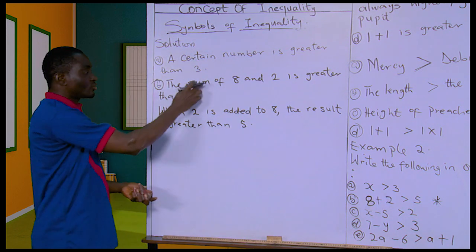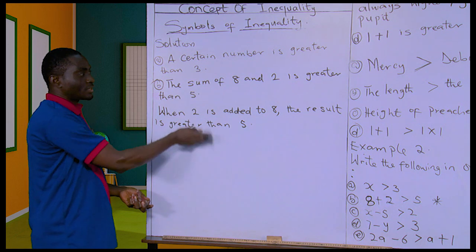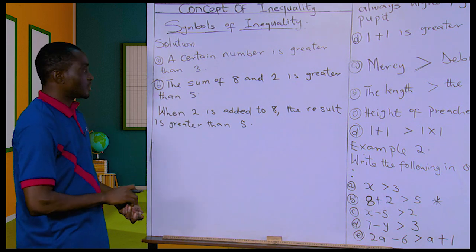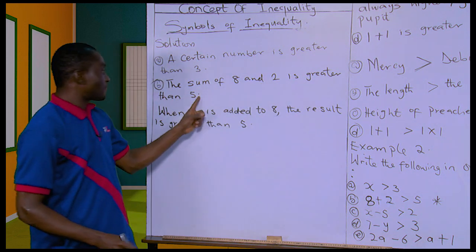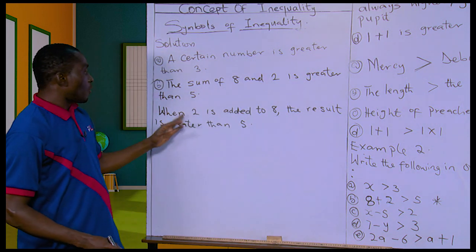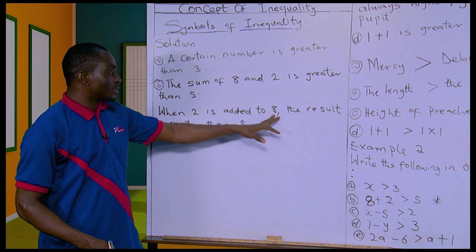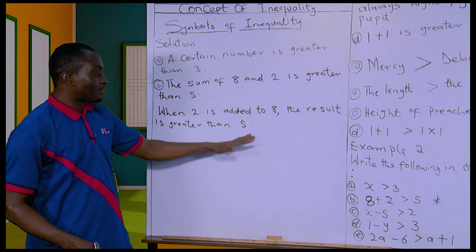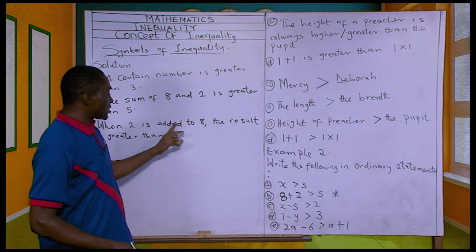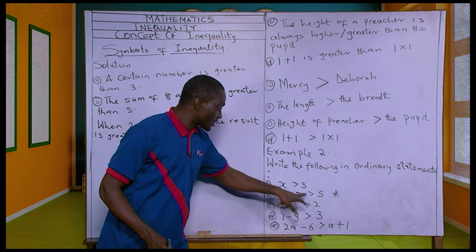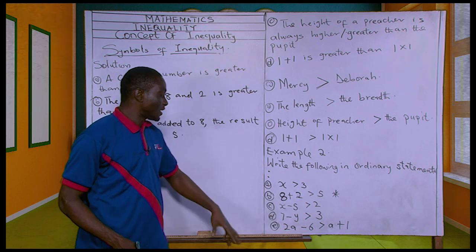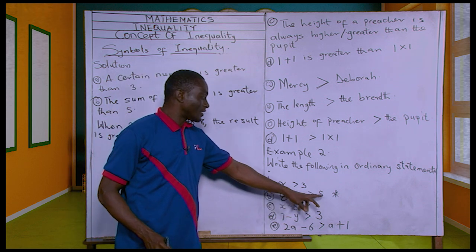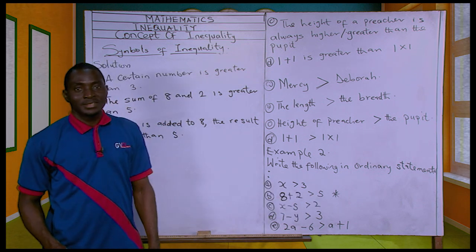These two statements are correct. The sum of 8 and 2 is greater than 5, or when 2 is added to 8, the result is greater than 5. So these two statements represent question B, 8 plus 2 is greater than 5.